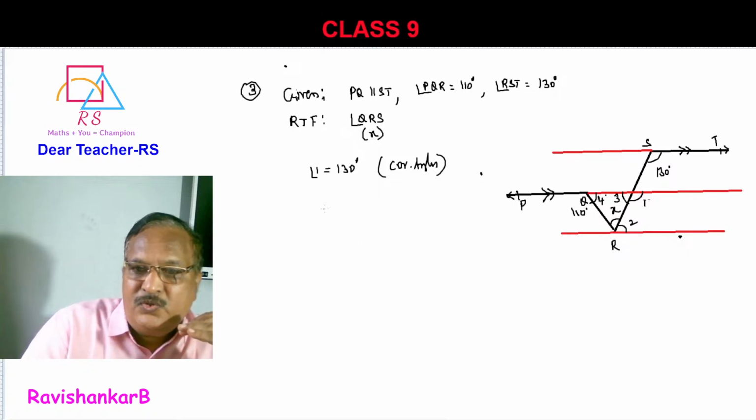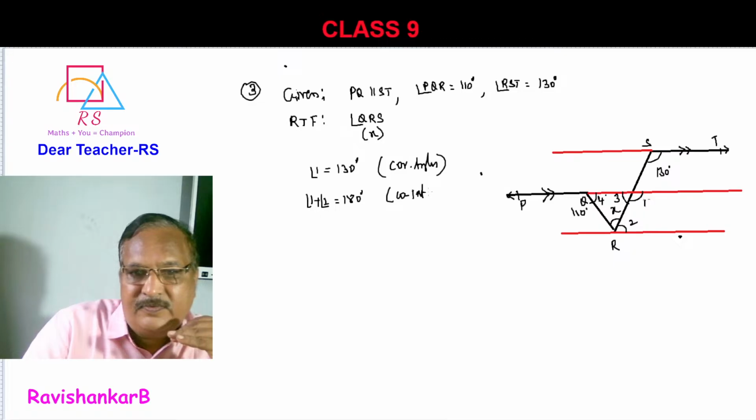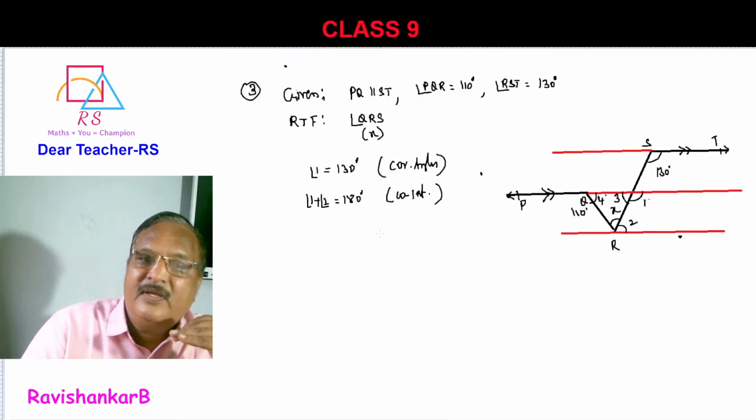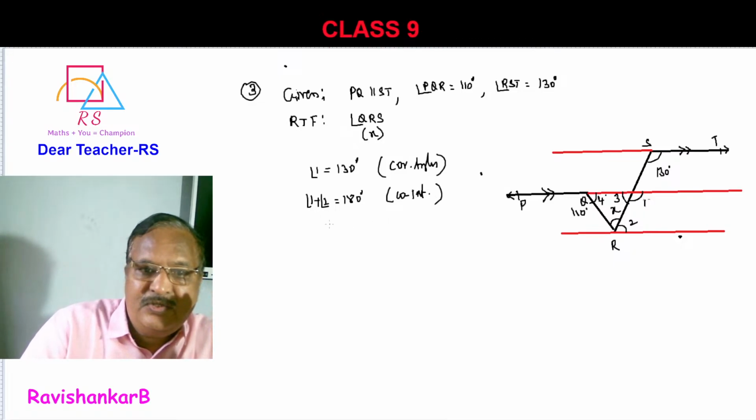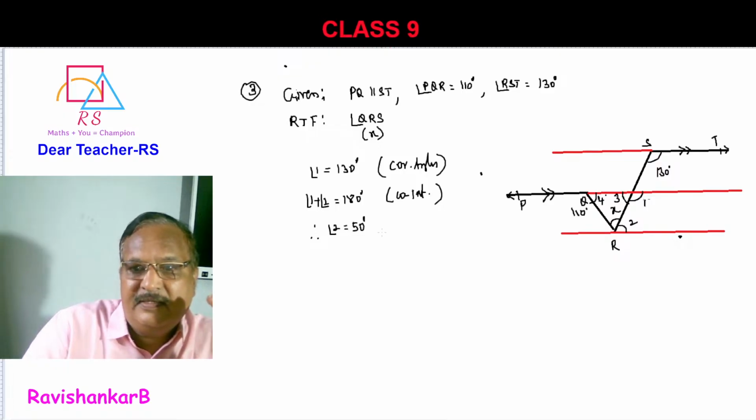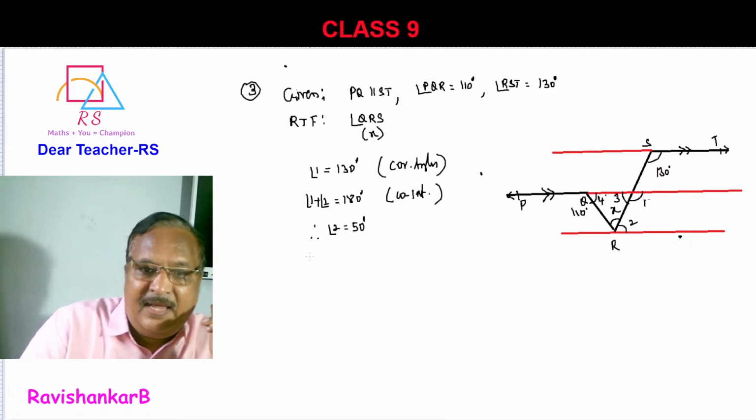Okay. So angle 1 plus angle 2 is equal to 180 degrees, co-interior angles, parallel lines. Okay. So therefore angle 2 is equal to 50 degrees. In the same way, angle 3 plus angle 1 is equal to 180 degrees, linear pair axiom.